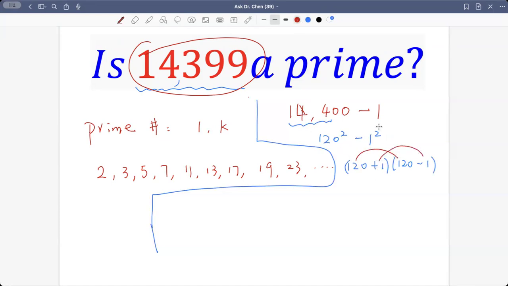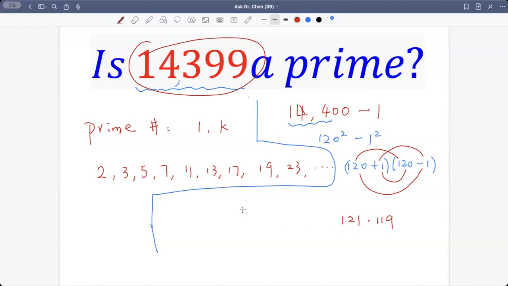Second with second, we get minus 1. And the middle two terms: positive 1 times positive 120 is positive 120, then positive 120 times negative 1 is negative 120, which add up to 0. Then 120 plus 1 is 121, and 120 minus 1 is 119.